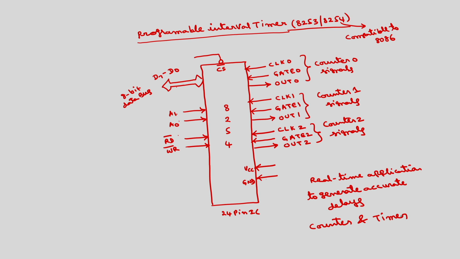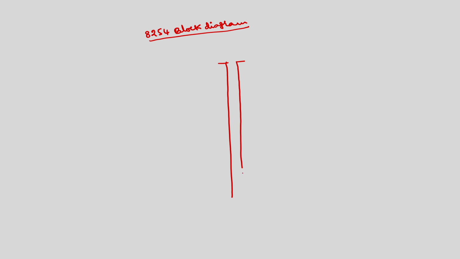Okay. So, if you take inside this pin diagram, the 8254 architecture diagram or block diagram, you have the data bus buffer, this is the internal bus.